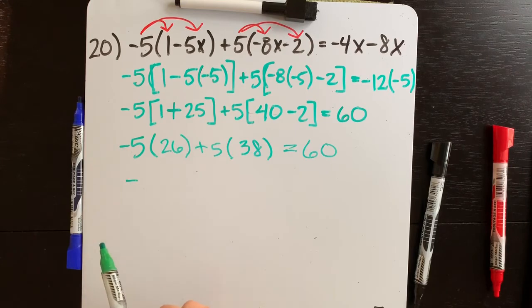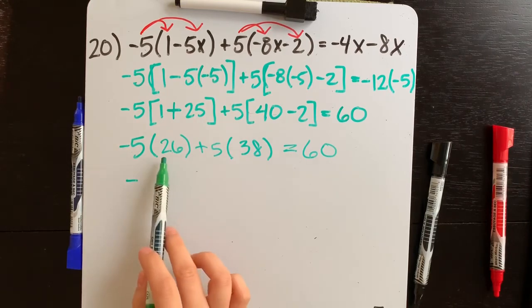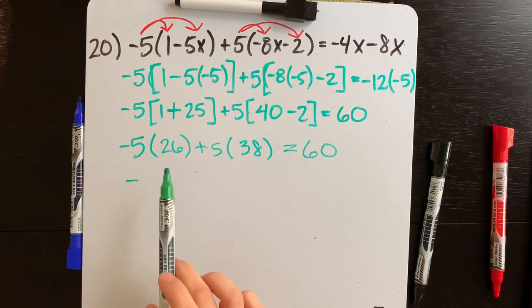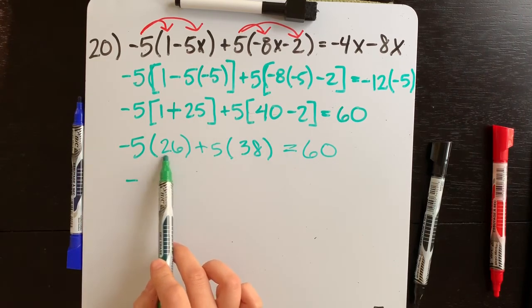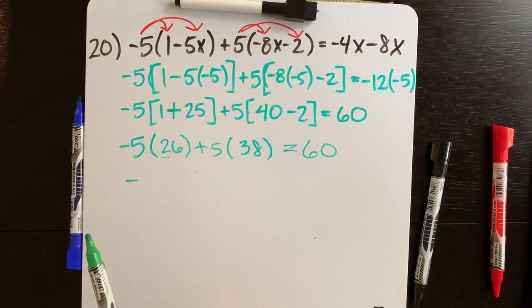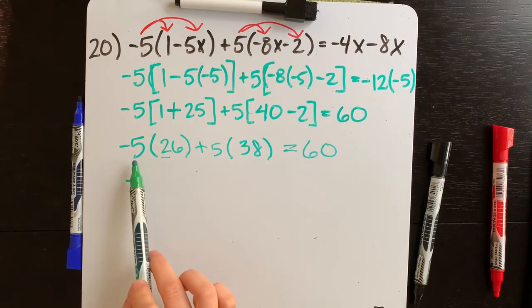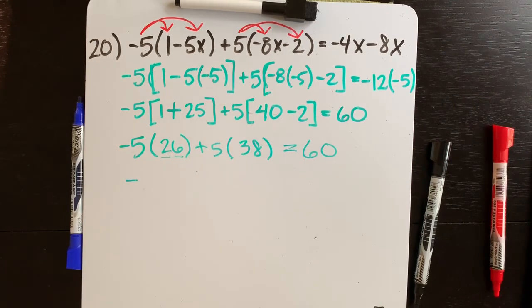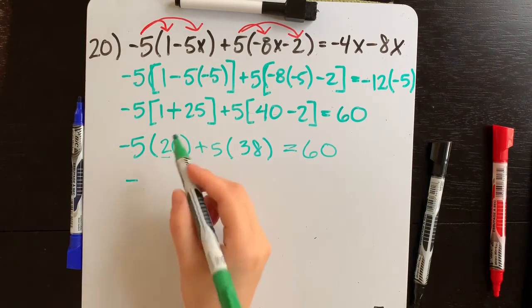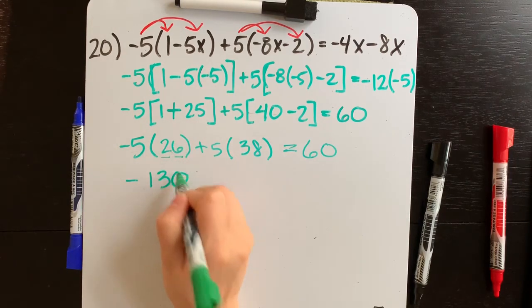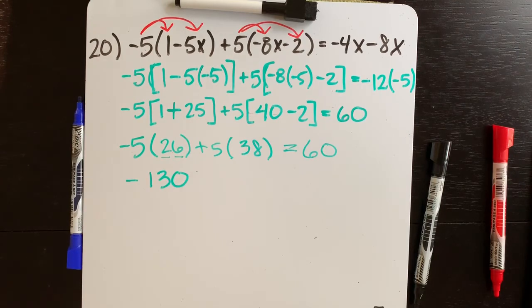We can multiply by place value. So notice how this 26, we have 2 tens, which is 20. 20 times 5 is 100, and 5 times 6 is 30, the sum of 100 and 30 is 130. So 5 times 26 is 130.